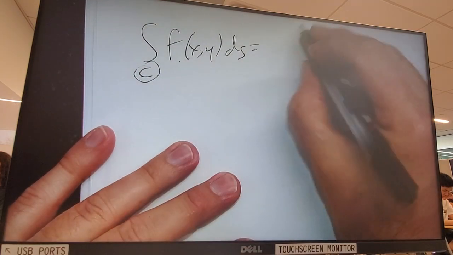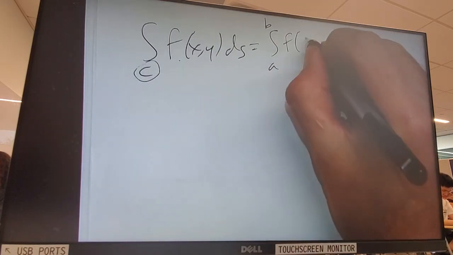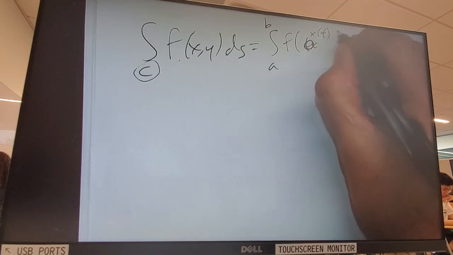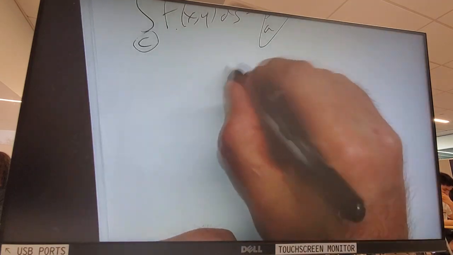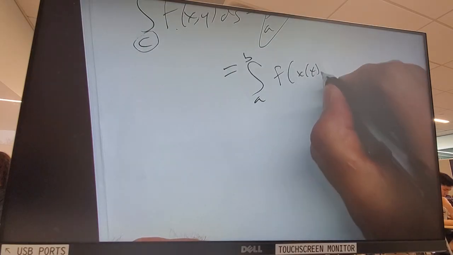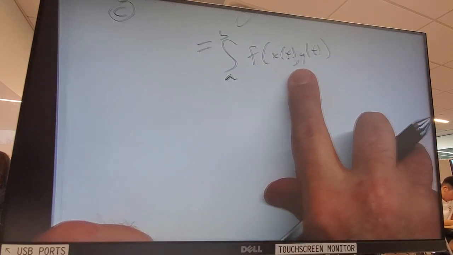All right. So let me write this in the way that's most generally useful. So this means my f has been parameterized.